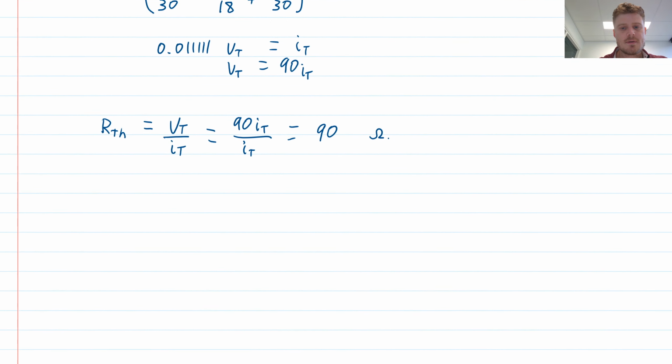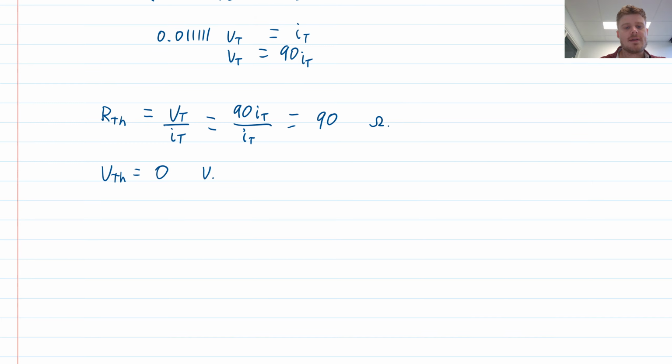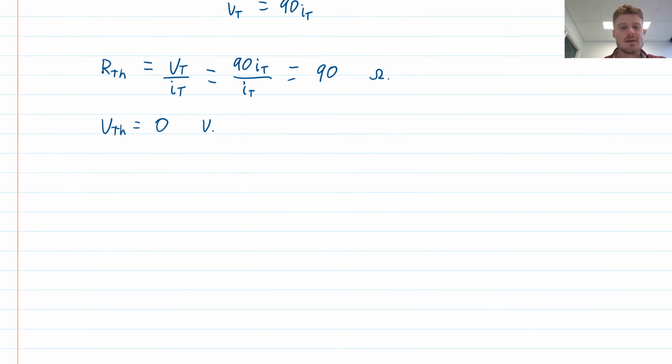So because the Thevenin voltage is equal to 0 volts for this circuit, we can draw what would be the Thevenin equivalent. So remember, normally we would have a voltage source here and a resistance. And we've calculated that the resistance is 90 ohms, and that the voltage source is 0 volts.